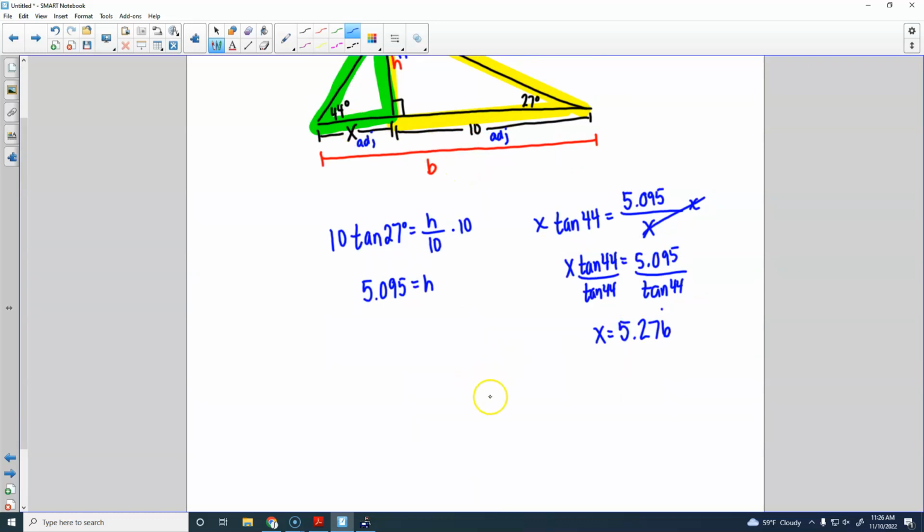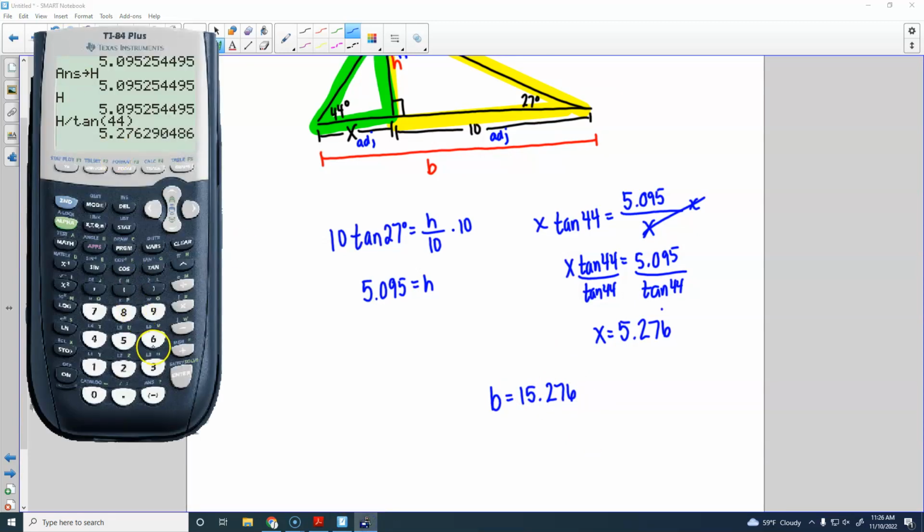What would the base be? We'd add the 10 to it, so we'd have 15.276. If you really want to be precise, add 10 to it here. You could even store that as your B if you really want to.